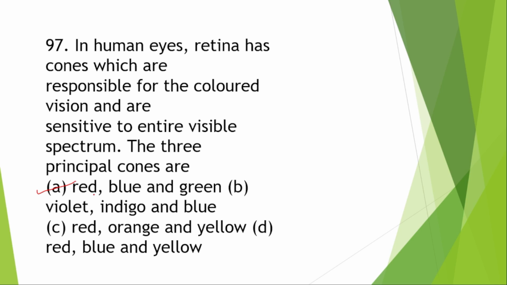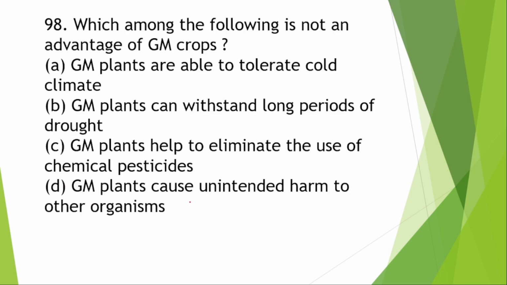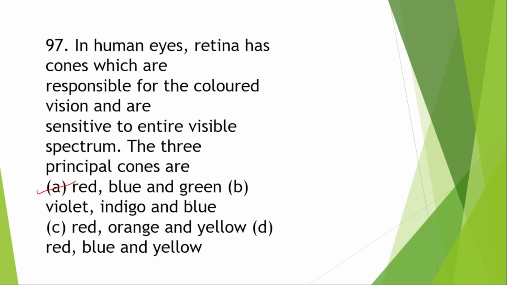Here, the L cone, that is long wavelength, refers to red, the M cone, medium wavelength, refers to green, and the S cone, the shorter one, refers to the blue cone. L for red, S for blue, and M for green.